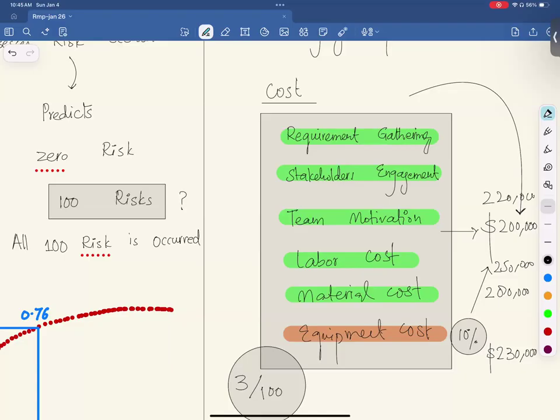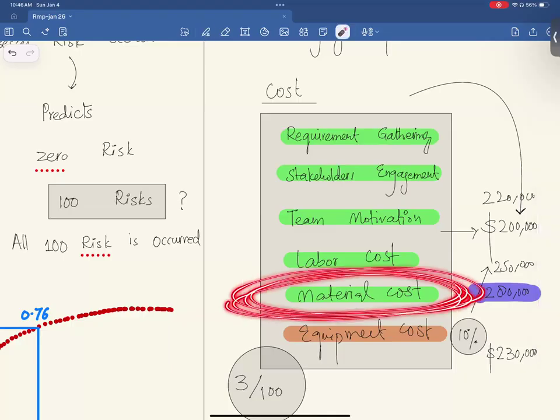Based on the example that we are discussing, it is what? It is material cost. So material cost is highly sensitive. You need to manage this to control your cost. So this is a highly sensitive element for your project. Does it make sense, everybody?